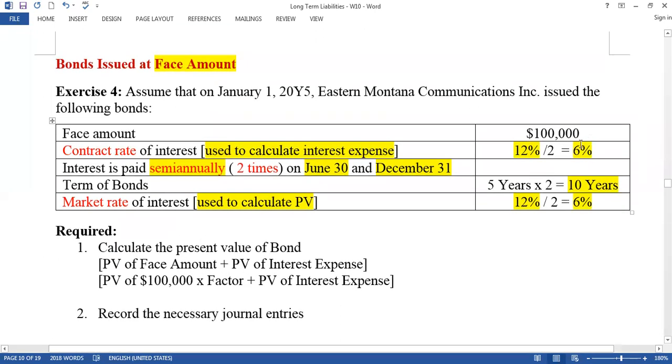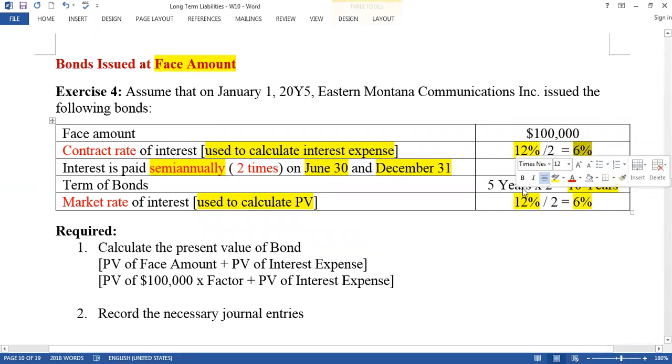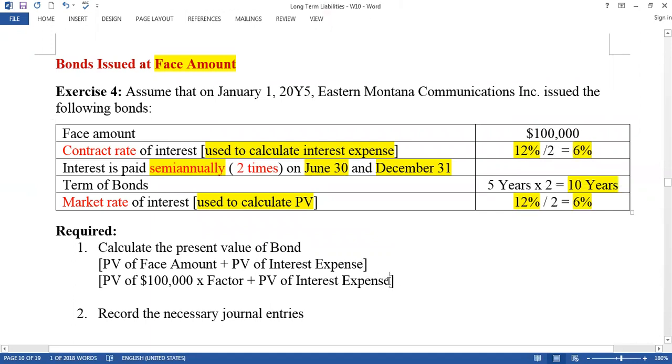And here we calculate the interest: $100,000 times 6%, where 6% is the compounding interest rate, so $6,000. We are going to record the present value of $6,000 times the factor. So we need the factor.